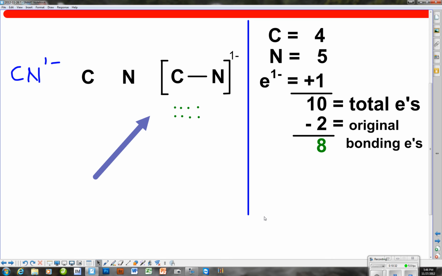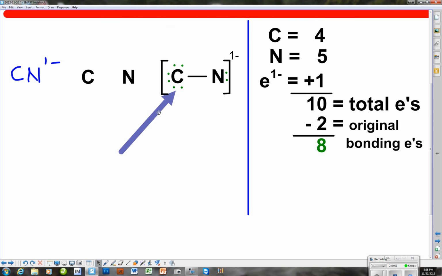So let's start putting those in. So what I've done is I've put in 2, 4, 6, 8 non-bonding electrons. Okay? And so these are what I have put in to make it so that all the electrons that should be there are in there.